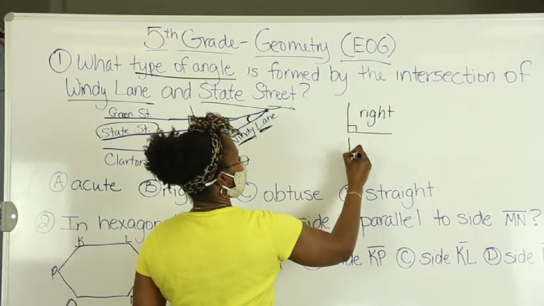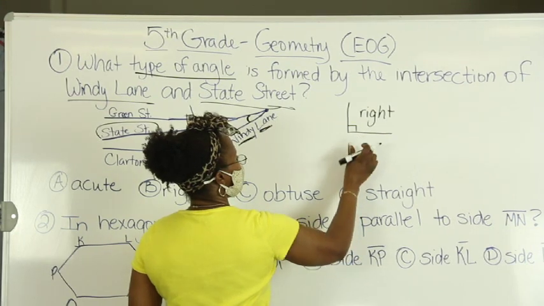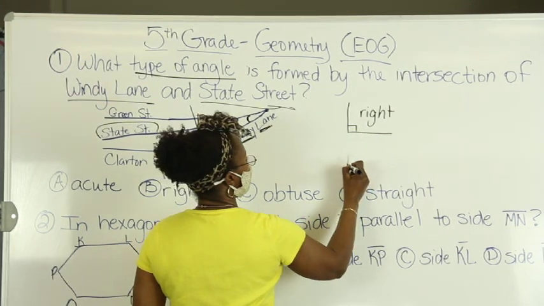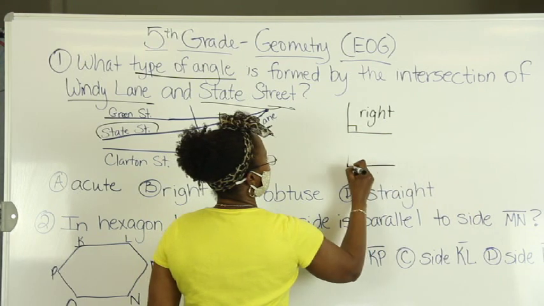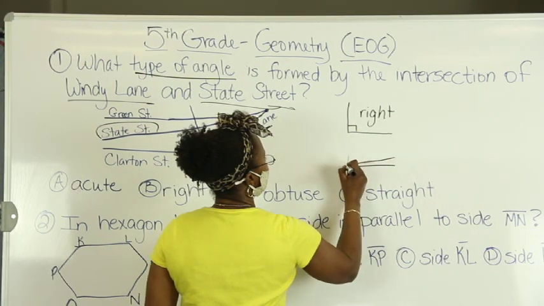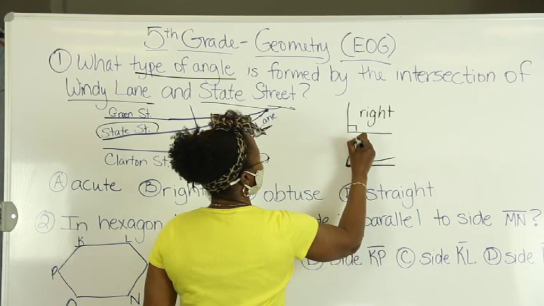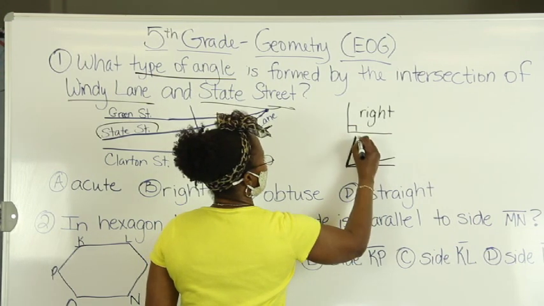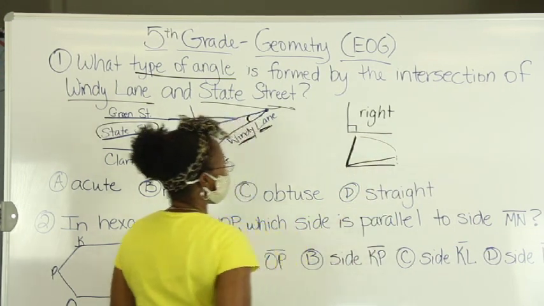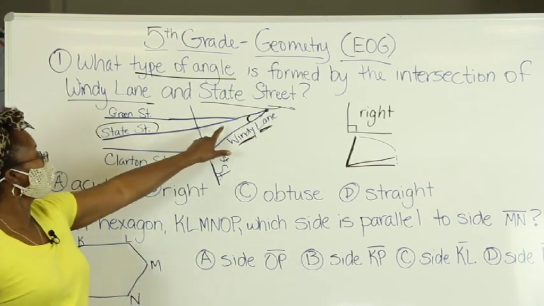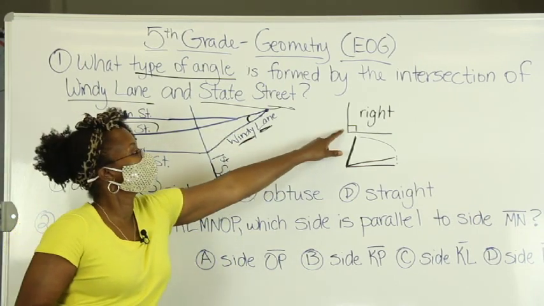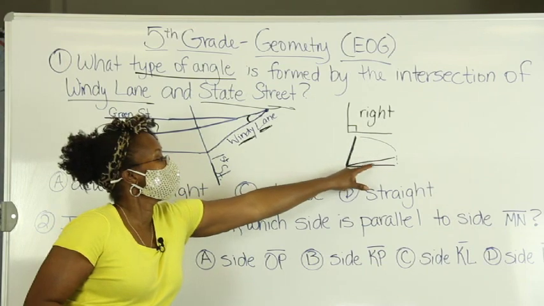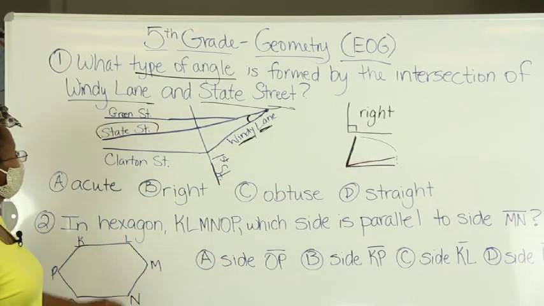So it can be anywhere between here to here, somewhere along in those lines. Here, anywhere along in there, okay? So you have to decide if that looks like it's in that range, or if it's a right angle.